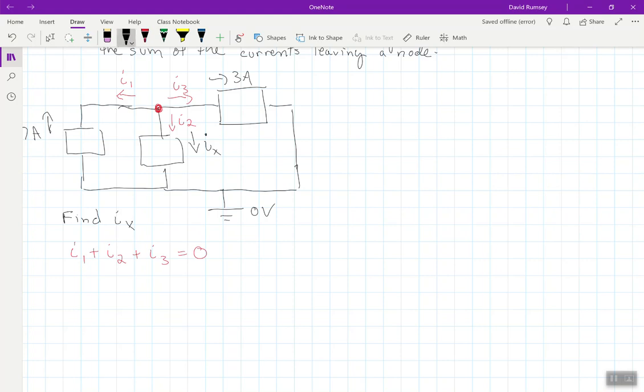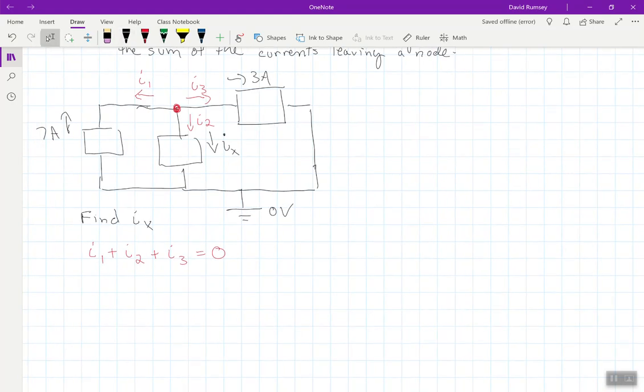Now all we have to do is look at what we have here. Based off this picture, we can see that I1 is equal to negative 7 amps because it's going in the opposite direction of this current right here. We can also see that I2 is simply Ix because it's the same current going down through this middle box here.